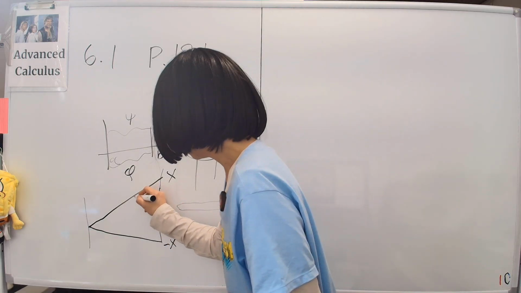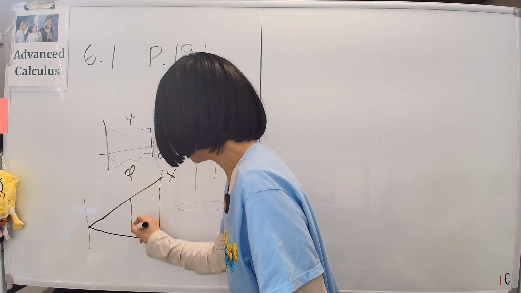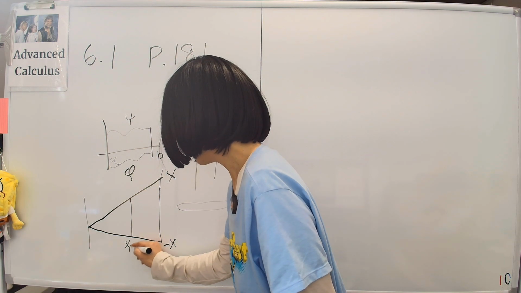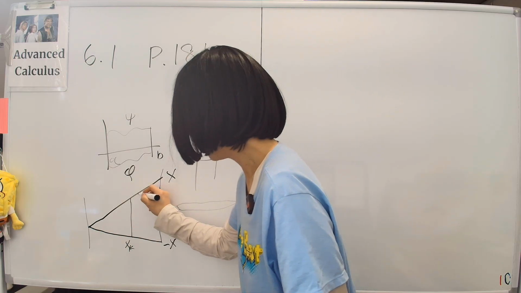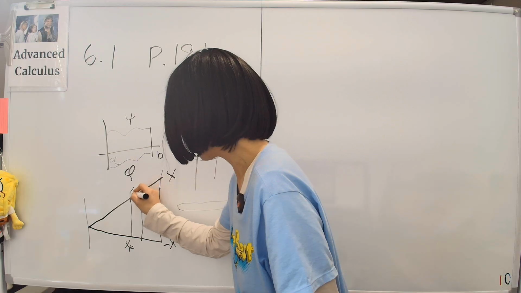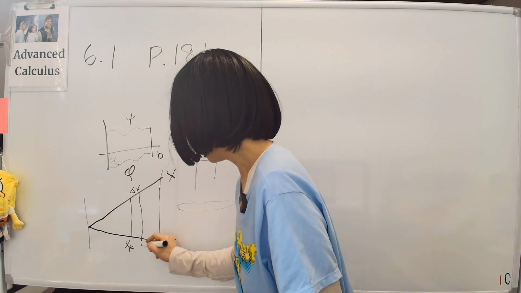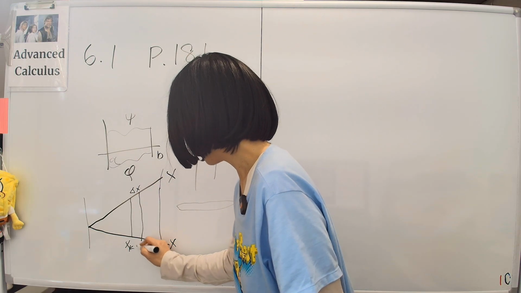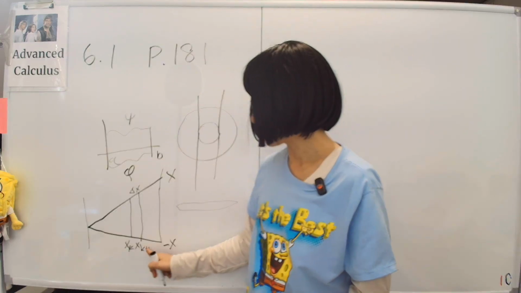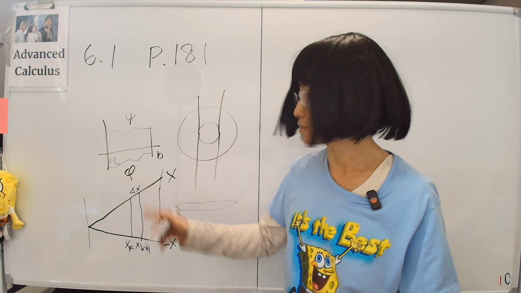Let's say this distance here is xk, and moving a little more over, this distance will be delta x. We get up to xk plus 1, and the difference between xk and xk minus 1 is delta x.